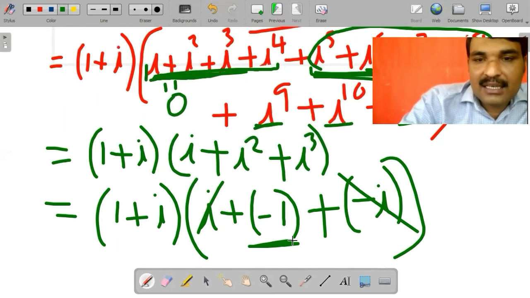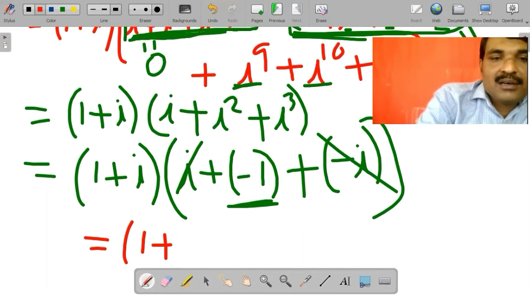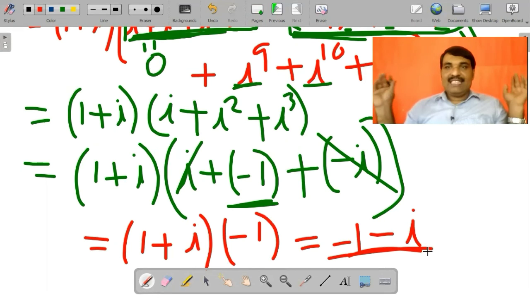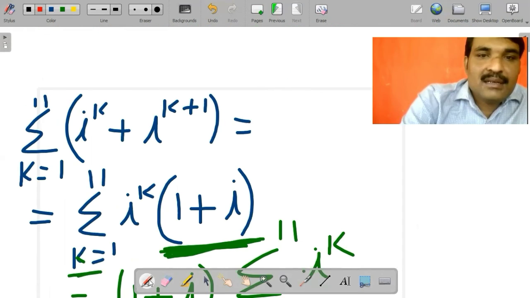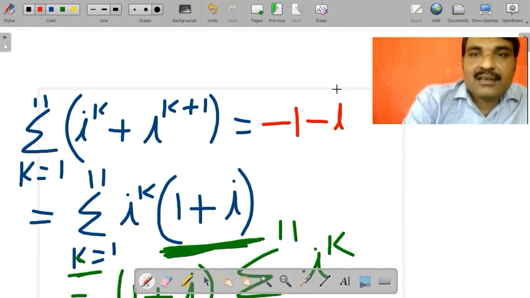So this is equal to 1 plus iota multiplied by minus 1. That is minus 1 minus iota. This is the value of this summation, right? This is equal to minus 1 minus iota.